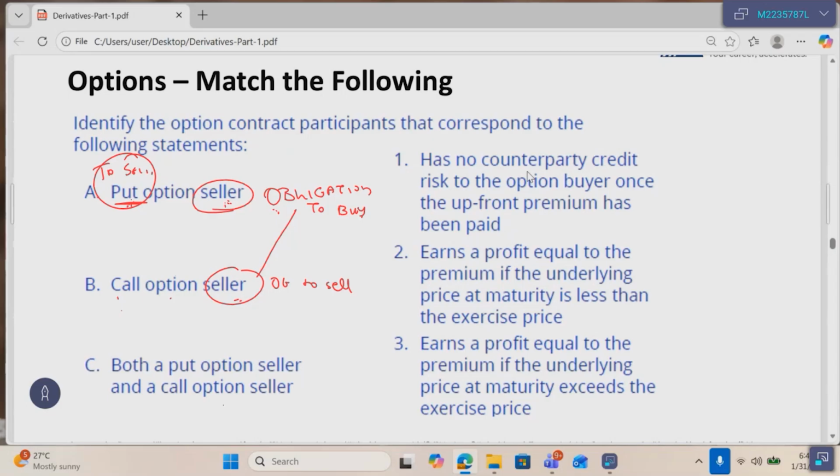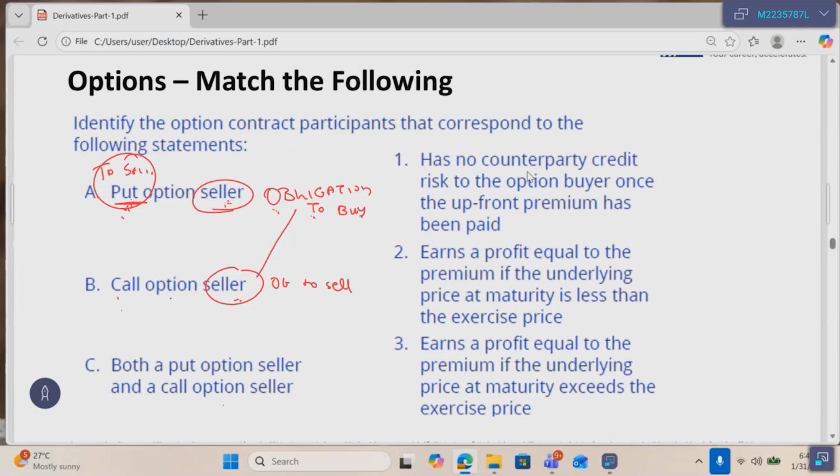Let's see the numbers. If he has an obligation to buy, he has no risk, wrong answer. He earns a profit equal to the premium if the underlying price is less than the exercise price. Now tell me one thing. When will this option contract be useless? Put.